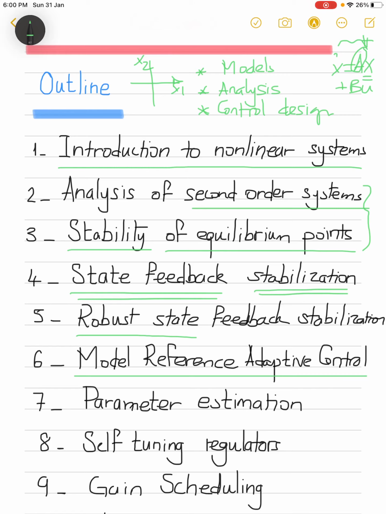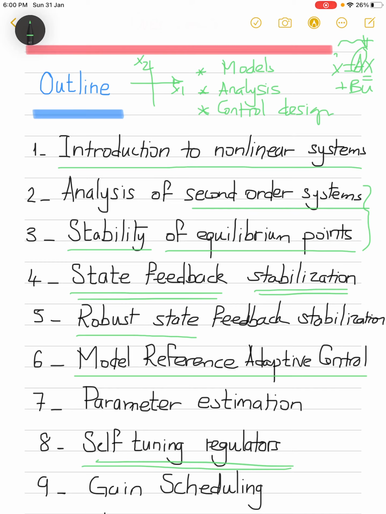The model reference adaptive control was historically developed in continuous time, so we'll do that. But also there is a class of controllers which is called the self-tuning regulators, and this was developed historically again in discrete time.